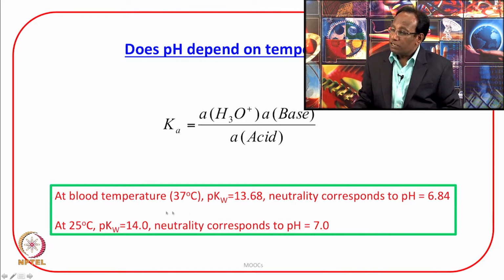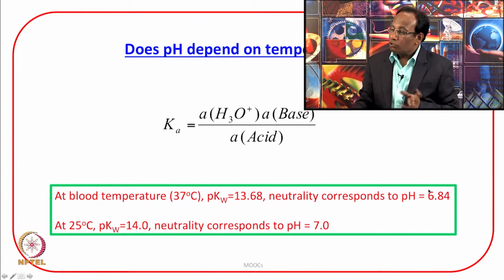At blood temperature, 37 degrees centigrade, pKw is not 14, it is 13.68. If you calculate the pH, it will turn out to be 6.84, not 7.